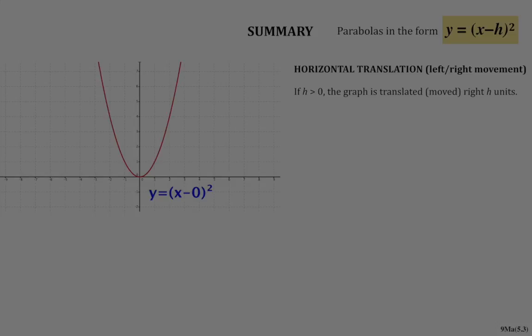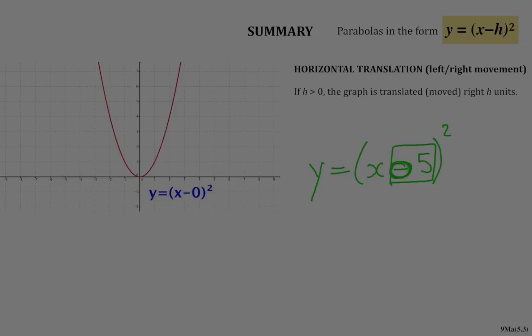If the value of h in the bracket is positive, we'd have something like this: y equals (x minus 5) squared. The minus came from the formula, and the h is a positive 5. We then put a squared above it. That means that the graph is moved right 5 units.